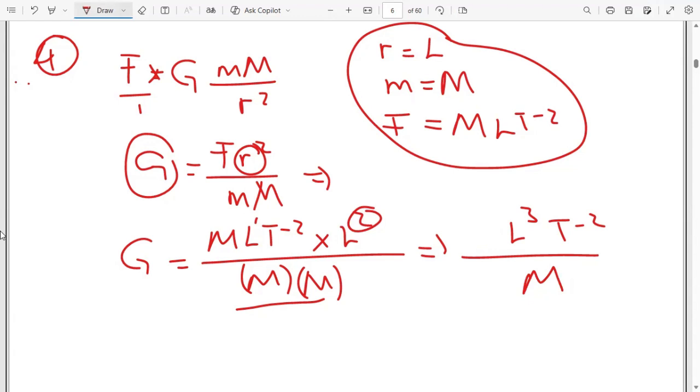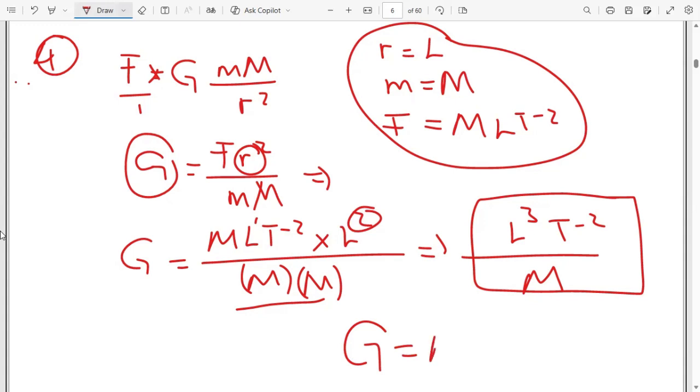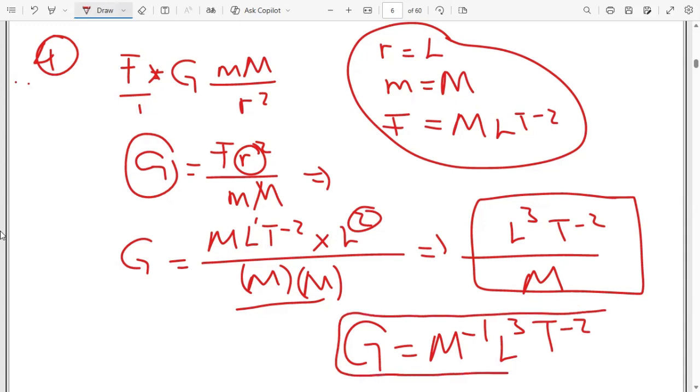That means these are the dimensions of G, the gravitational constant. But how are we going to write them? We're going to say G has dimensions M to the power minus 1, since it's a denominator, L to the power 3, and T to the power minus 2. These are the dimensions of the gravitational constant G.